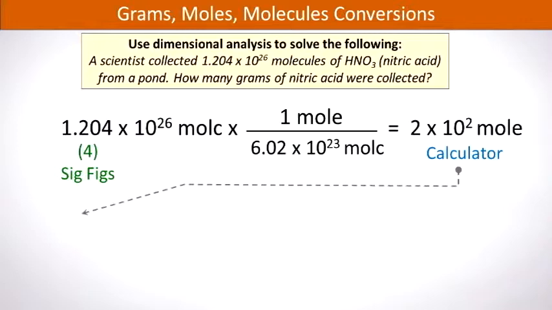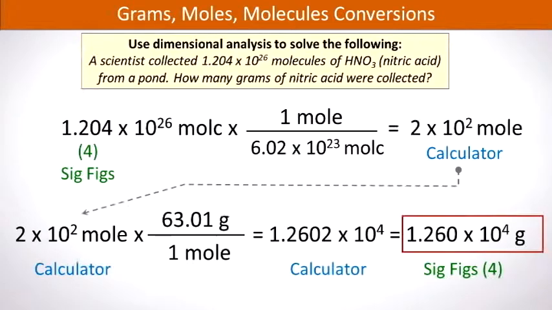Since we will be carrying this value on, we do not have to stop and consider the sig figs just yet. Therefore, we take the moles, cross multiply moles. Moles are converted to grams using the molar mass of nitric acid, which is 63.01 grams.